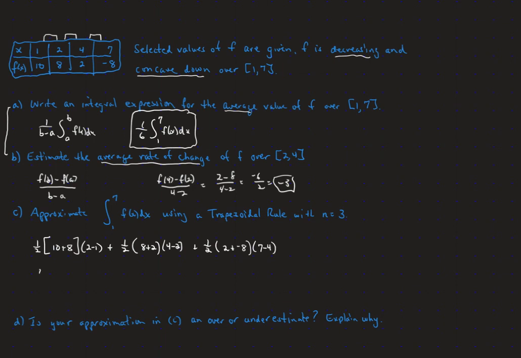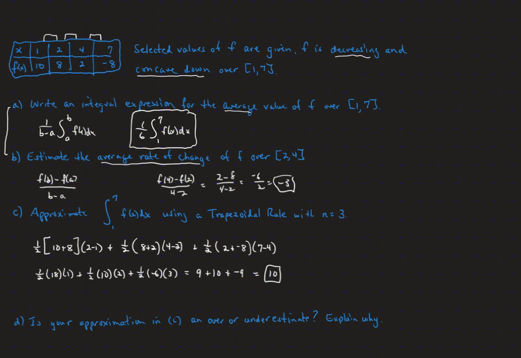So we're going to get 1/2 times 18 times 1, plus 1/2 times 10 times 2, and then 1/2 times negative 6 times 3. So half of 18 is 9, and half of 10 times 2 is 10, and half of negative 6 is negative 3, times 3 is negative 9, so our approximation is going to be 10.